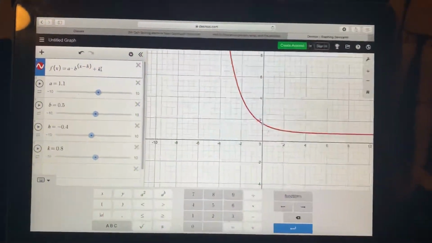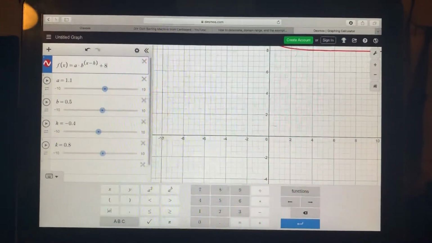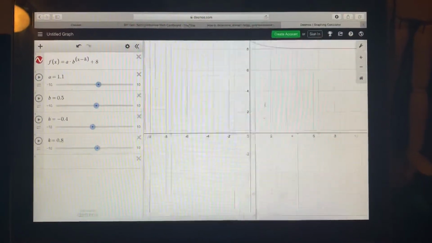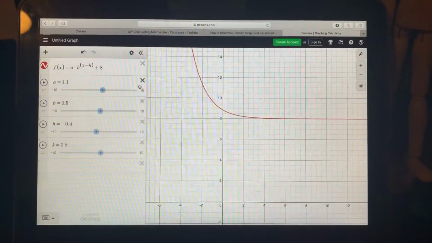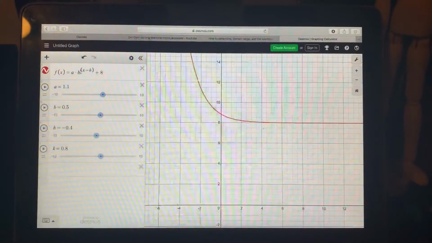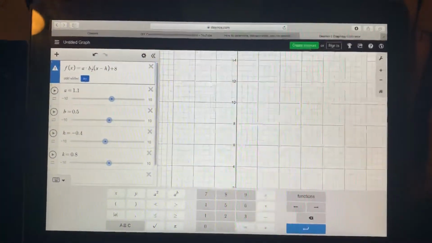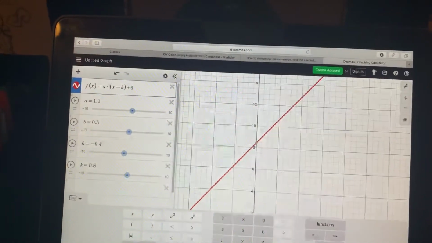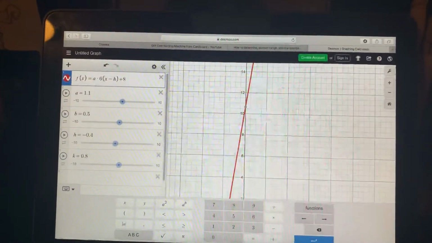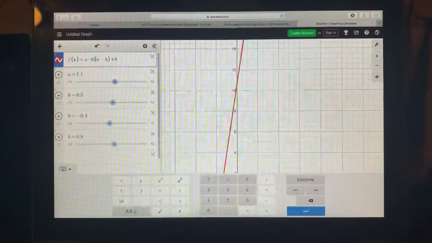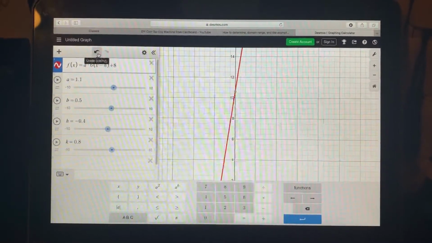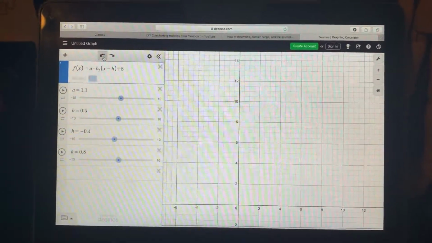Let's say k was 8, and see how that shifted up. You might have different spots depending on where your graph is at. That was not a good number to put there, so let's say 6. Oh, I just messed up the whole graph, but thankfully there's a redo button, I presume. There we go.